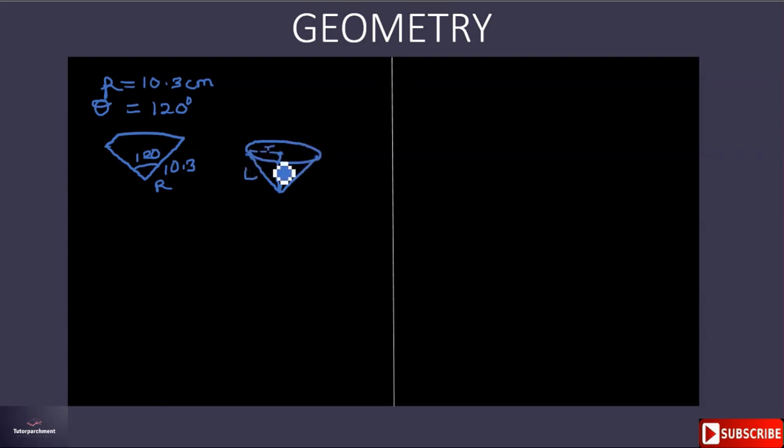If you relate the two together, we can say that this arc length has the same perimeter as this circle. So what are we saying in essence?